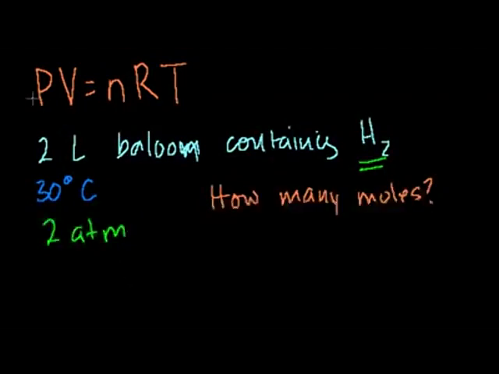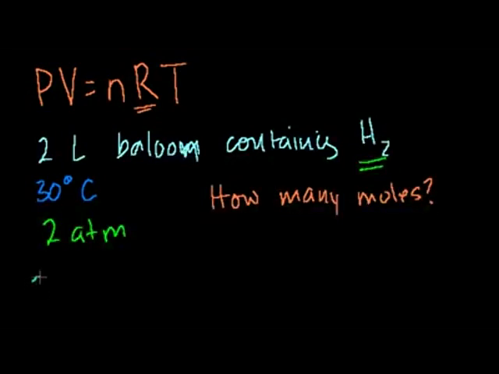So let's apply our ideal gas equation. And since we're dealing with liters and atmospheres, we have to make sure we use the right proportionality constant. So let me write down all of the units actually.